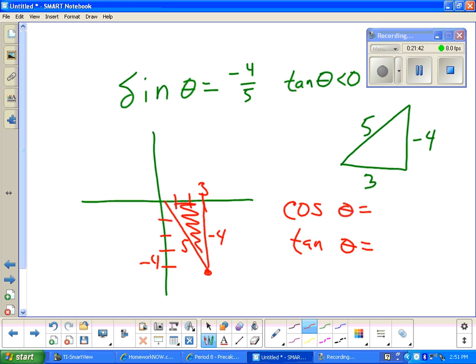Specifically, find cosine theta and tangent theta if sine theta is -4/5 and tangent theta is less than 0. So it's 3/5 because that's the cosine formula, and tangent is -4/3. SOH CAH TOA, opposite over adjacent. That's the quiz tomorrow. Good luck, Jenna.